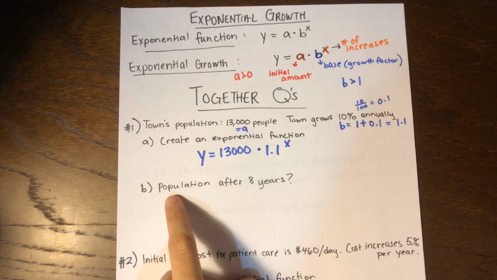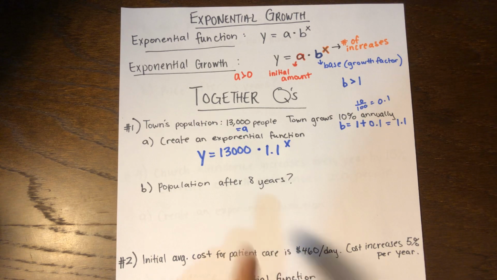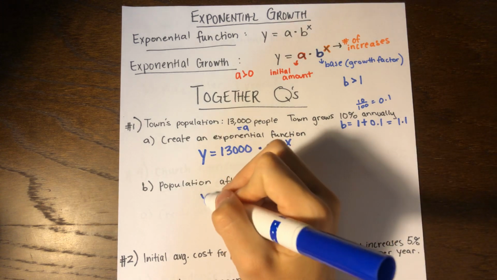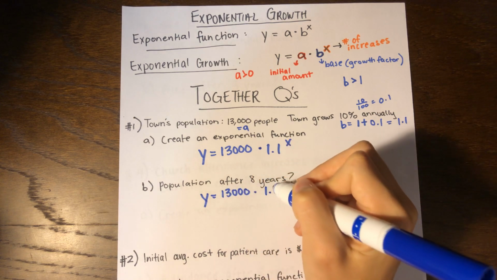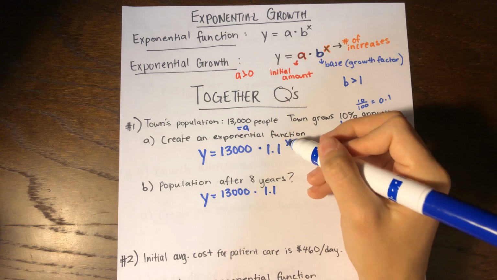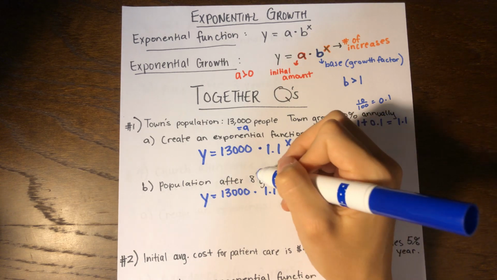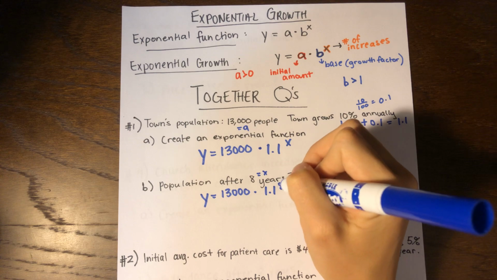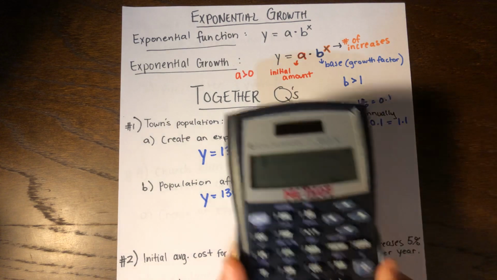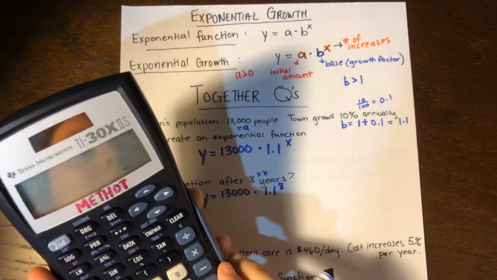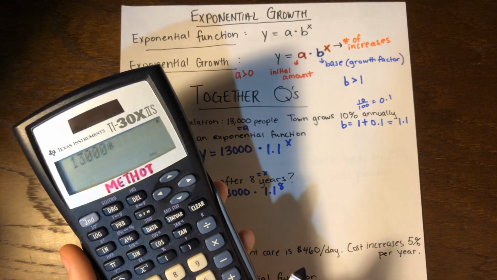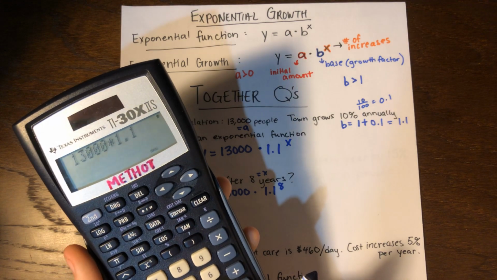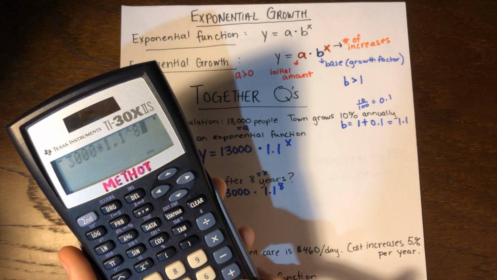Now for B, they give us the population after 8 years. They want to know, after 8 years, what's the population going to be? So now I just take my equation that I wrote before, and instead of where the x is, that's where 8 years goes. So 8 is x. I just put it to the 8th power. And then in my calculator, I'm going to write 13,000 times 1.1 to the 8th power, like this.